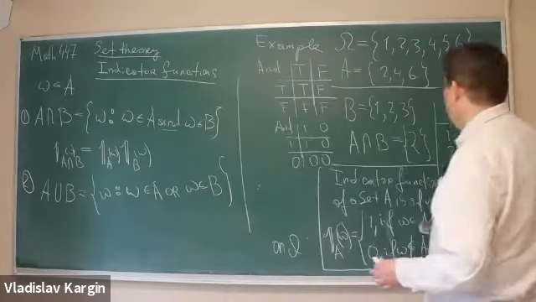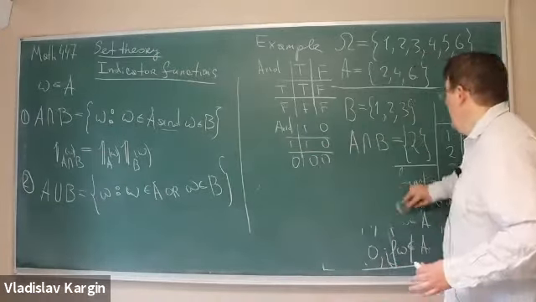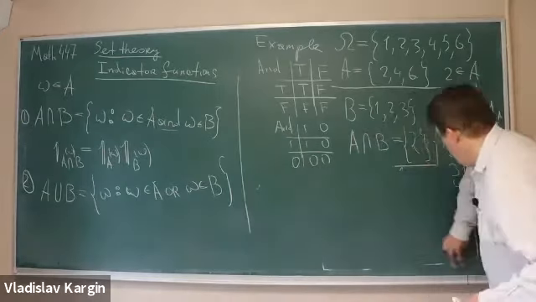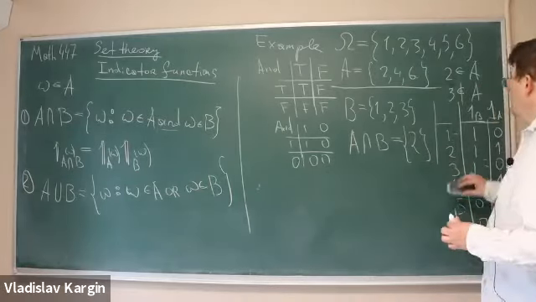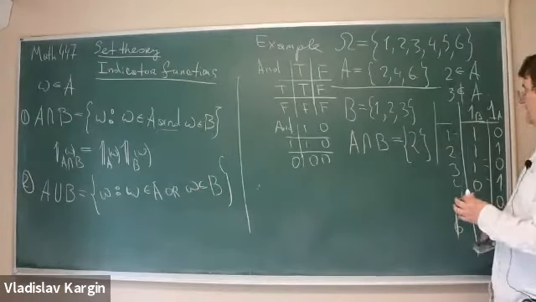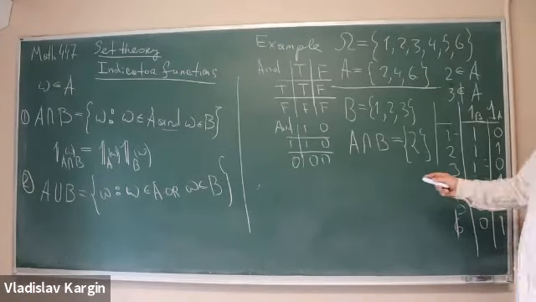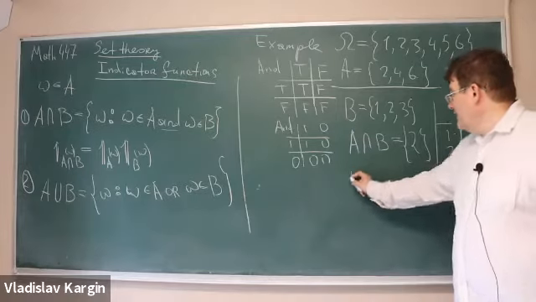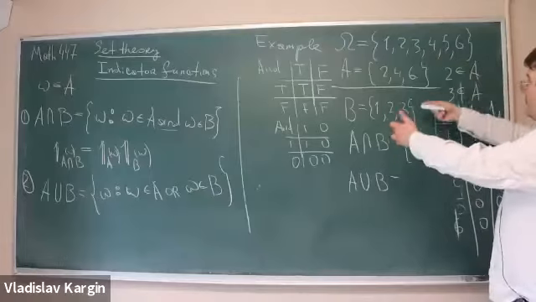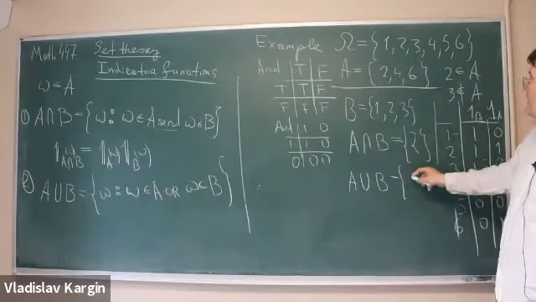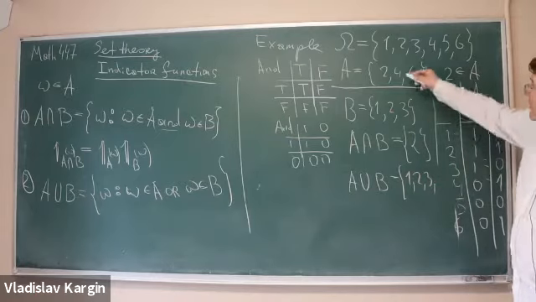omega belongs to B. Okay, so now let us do these examples here. Here was A intersect B. Here is A union B. So we take a union, so it's all elements 1, 2, 3, 4.